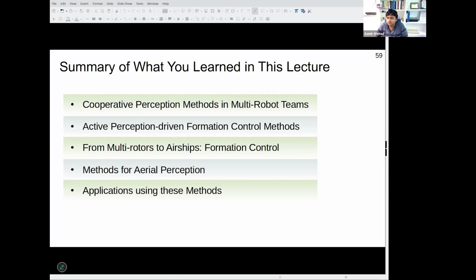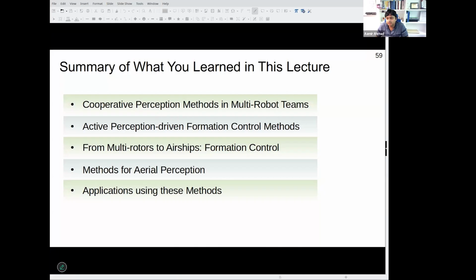And then how to use these perception outputs for active perception driven formation control methods, right? So first we perceive the target in some fused way from different robots in the multi-robot team, and then we use this fused information to actively make decisions on how robots should move in order to keep those perceptions optimal in some sense.